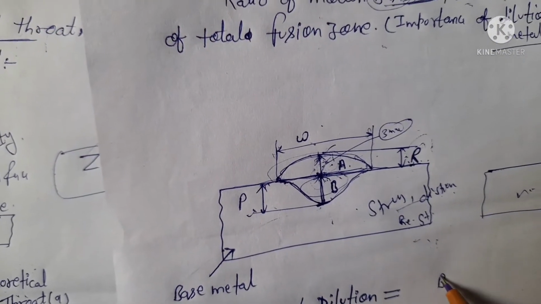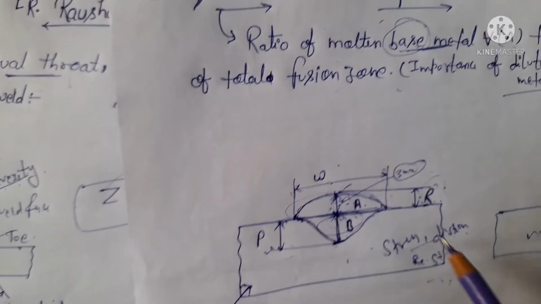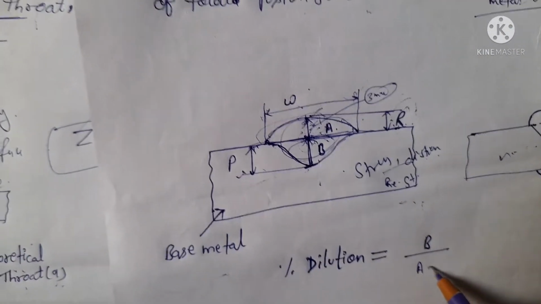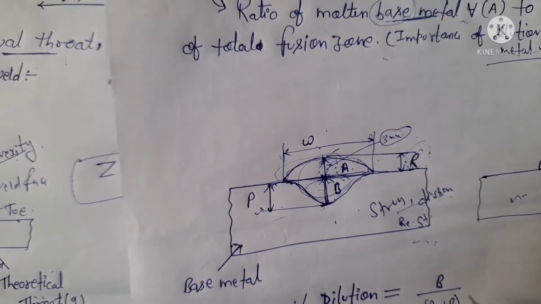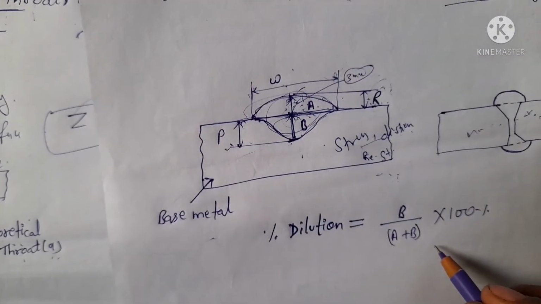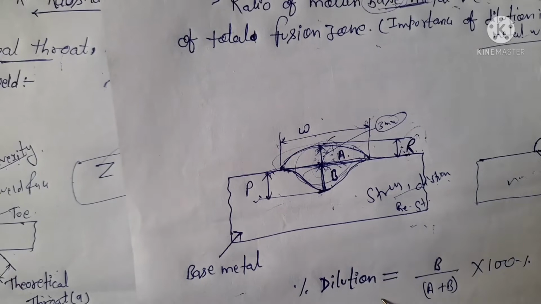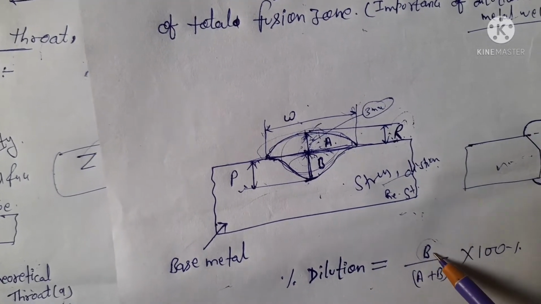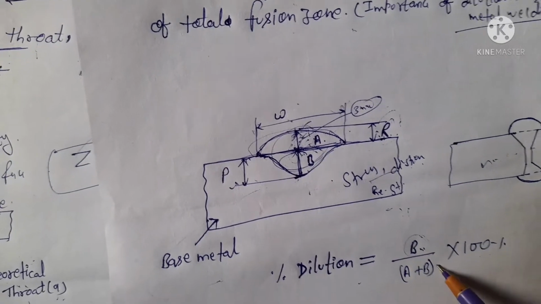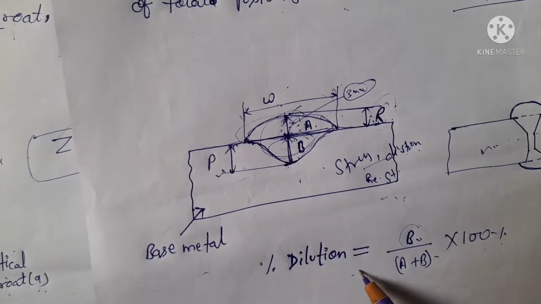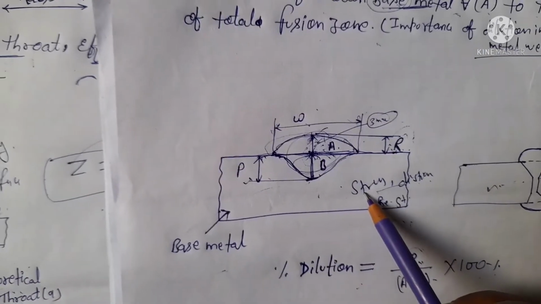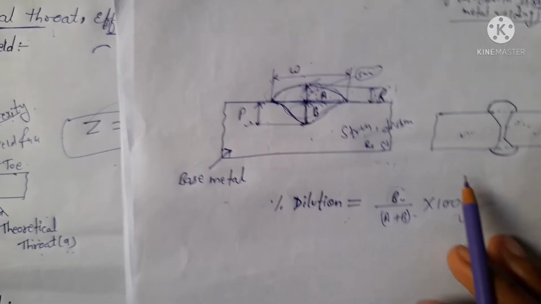So base metal B divided by the total volume, A plus B, multiplied by 100, is converted into percentage dilution. So the ratio of molten base metal divided by total volume, multiplied by 100, is known as percentage dilution. This is the case for a single base metal.